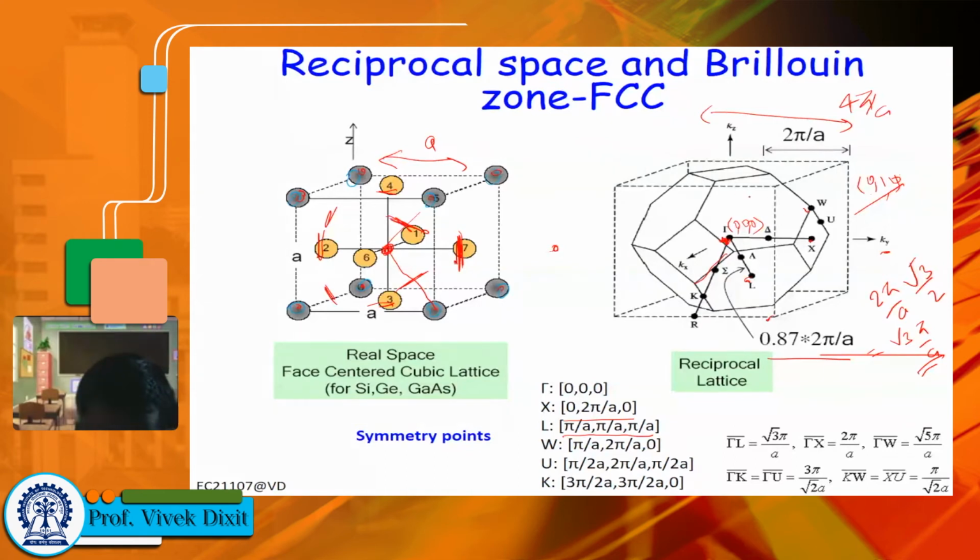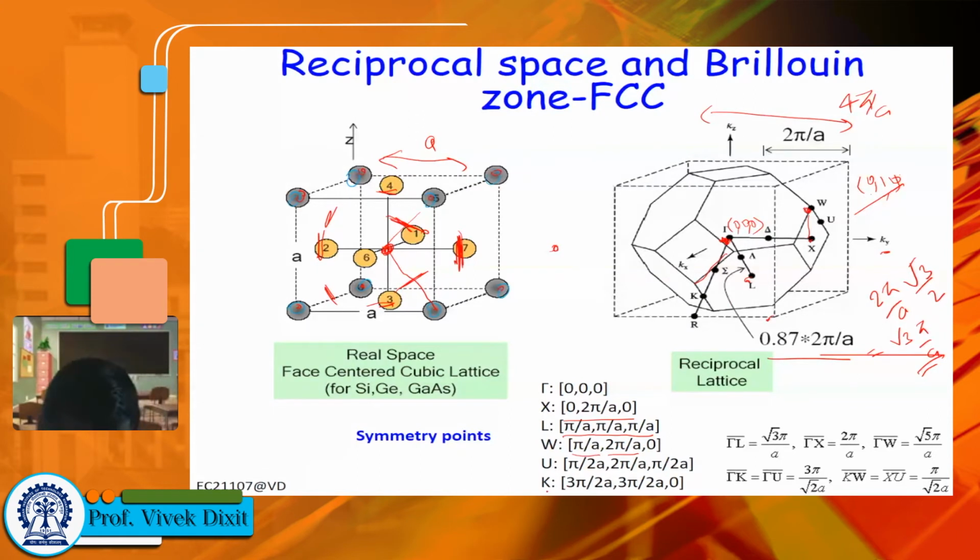So the plane intersecting the diagonal and the plane intersecting the face, they are meeting here at W. So W is basically, again, x is 2 pi by a, and y is pi by a, and there is no movement along the perpendicular direction, right? So 2 pi by a and pi by a. So here you see W is 2 pi by a and pi by a.